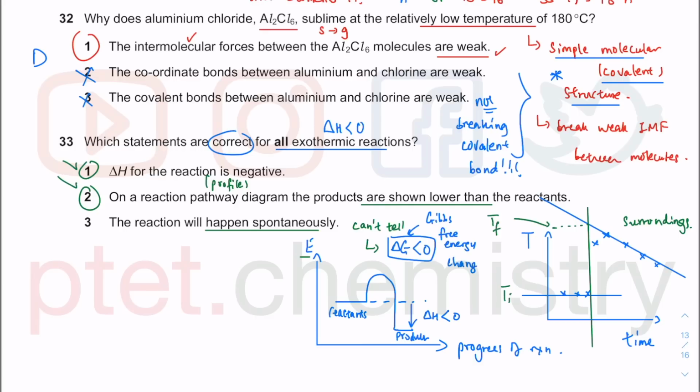So delta G in A2 is equal to delta H minus T times delta S. Just because you're exothermic does not mean it's spontaneous because it also depends on the entropy change, and this is an A2 concept. The enthalpy is an AS concept. So you cannot tell whether a reaction will happen spontaneously or not just from delta H alone. You have to incorporate the idea of delta S as well. So 1 and 2 must be correct. That's option B there.